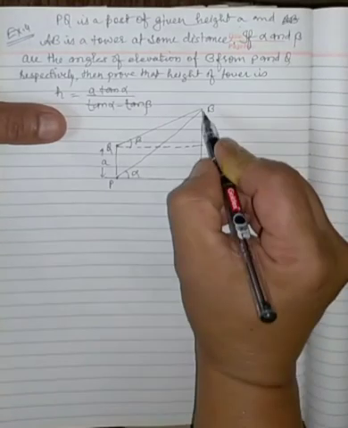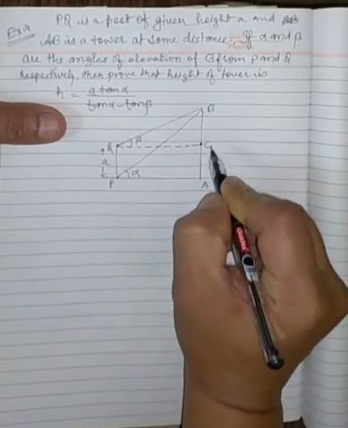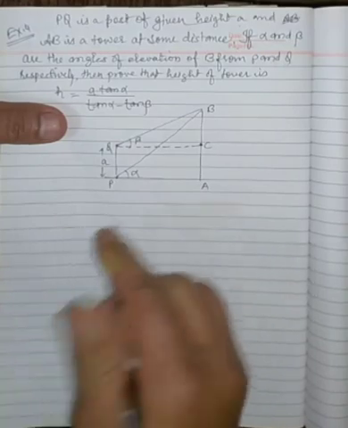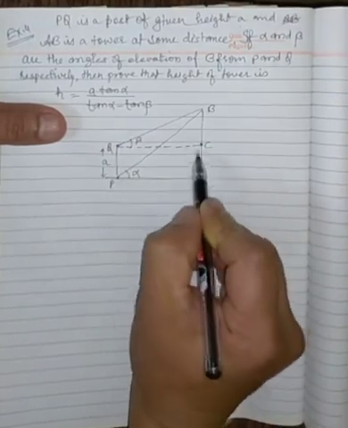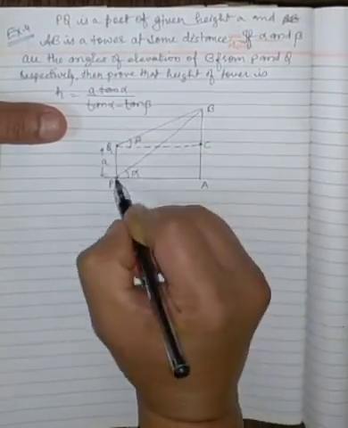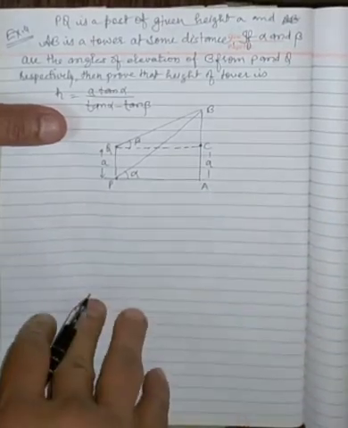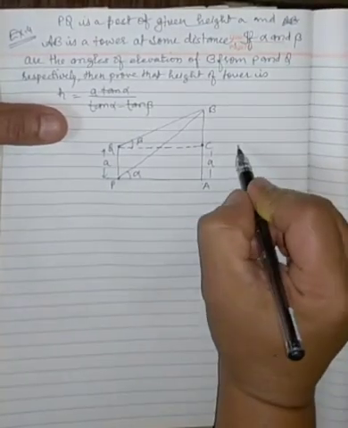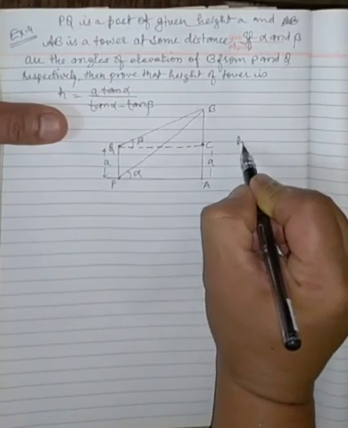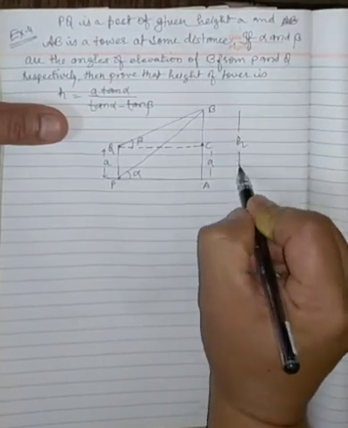Okay. Now let this third point we have got here be C. As we know, this figure formed is always a rectangle, so this side will be equal to this side, so this is also equal to a. Now let the height of the tower be h.